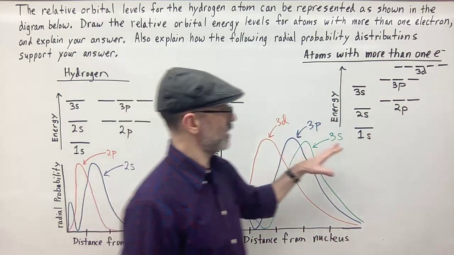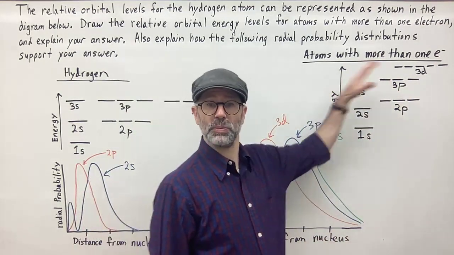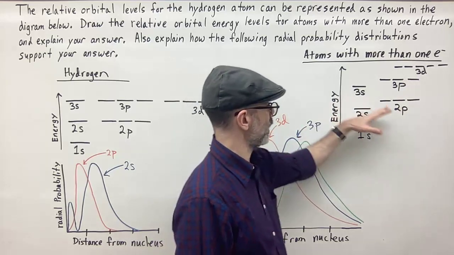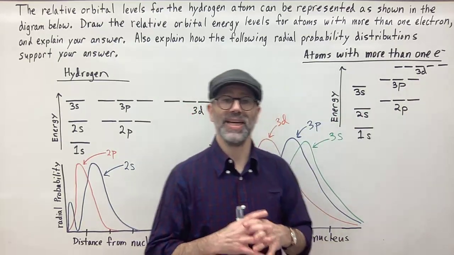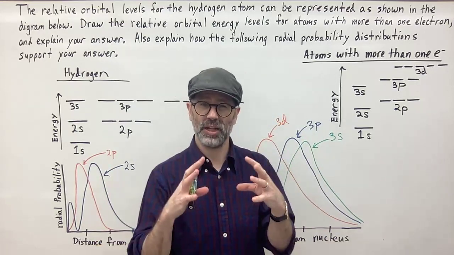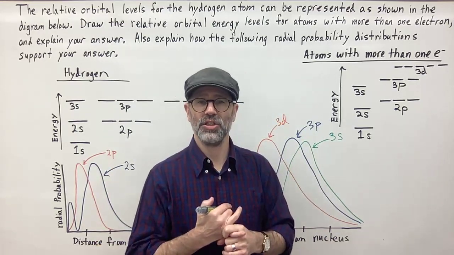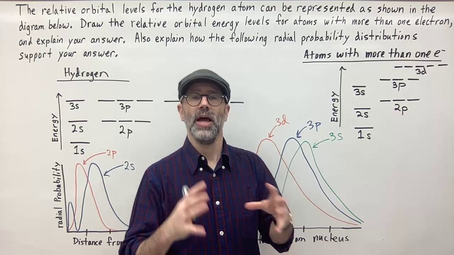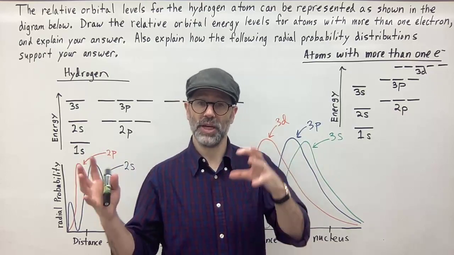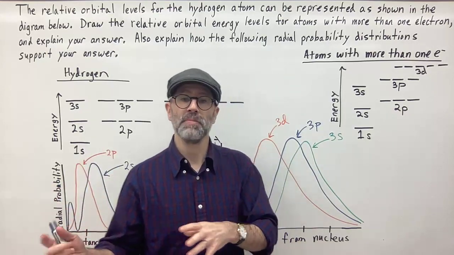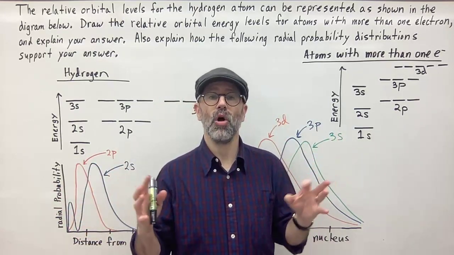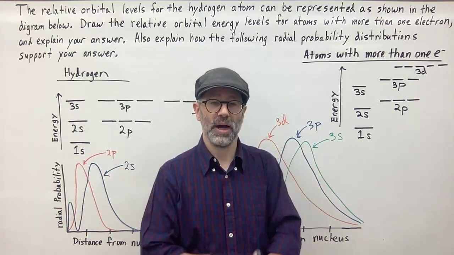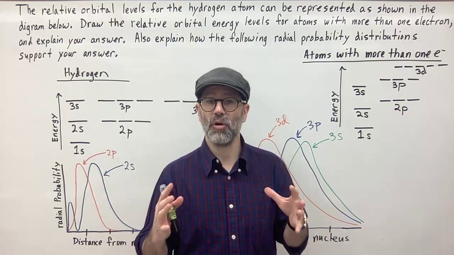So now you get this orbital splitting, this energy level splitting due to the interactions of the electrons themselves, this repelling force. So not only do you have the repelling force, but you also have the attractive force of the nucleus. So there's kind of a tug of war, or contrary forces, going on here.